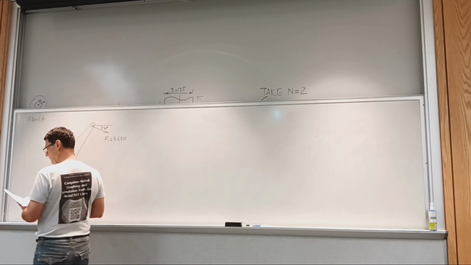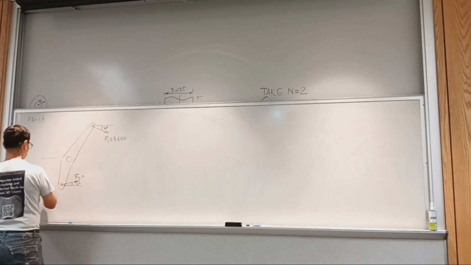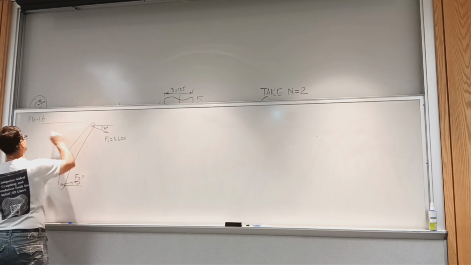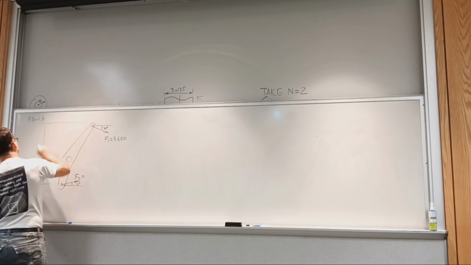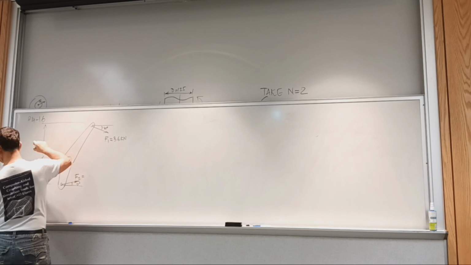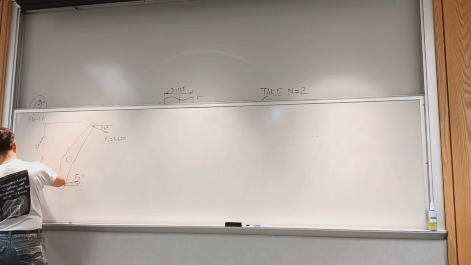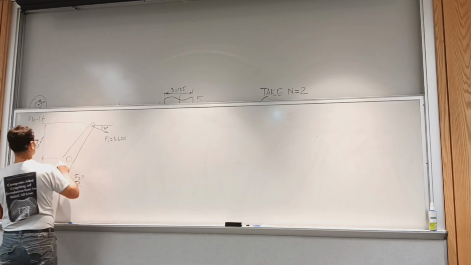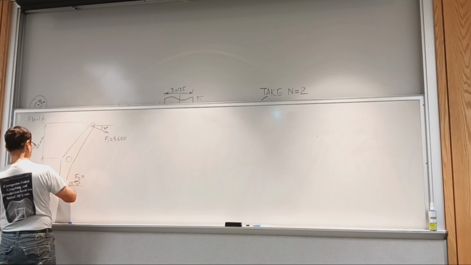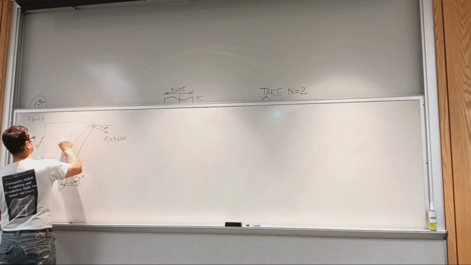And then we know some geometry, so some distances. This is 30 millimeters. This is 25 millimeters. And then this is 10 millimeters, measured from here to here.